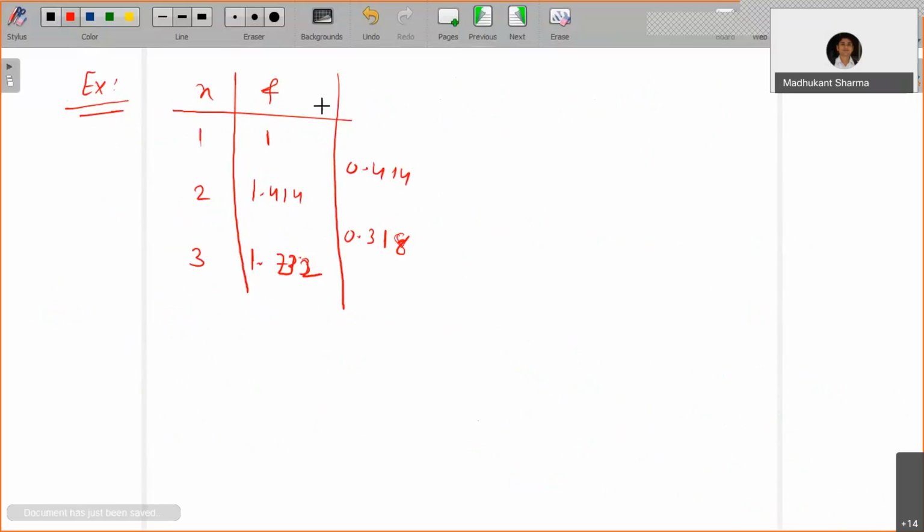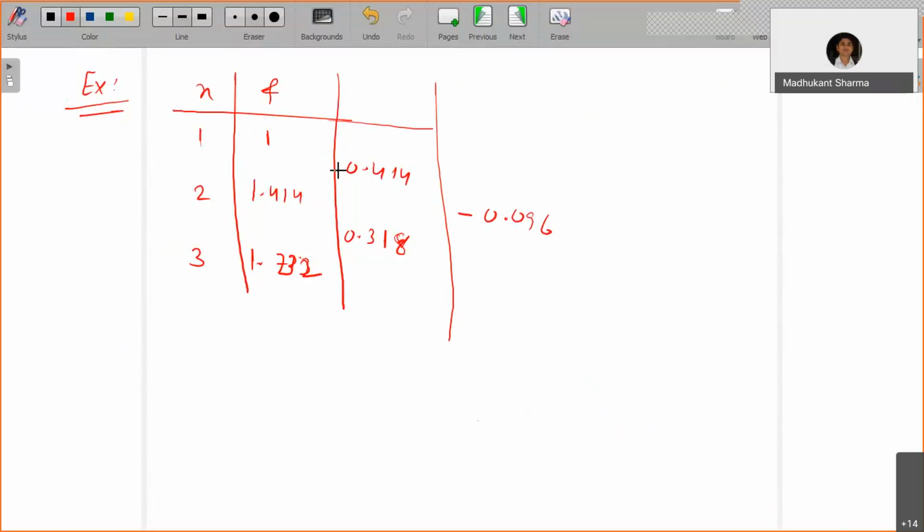So here you require a second divided difference as well. Okay, so what will it be? 0.318 minus 0.414, that is equal to minus 0.096.